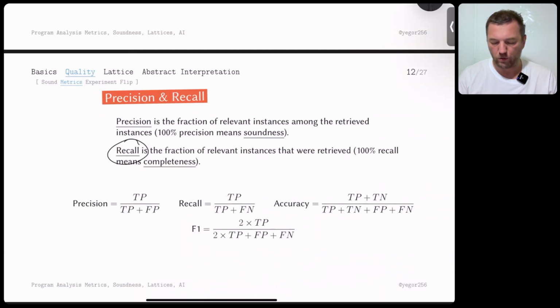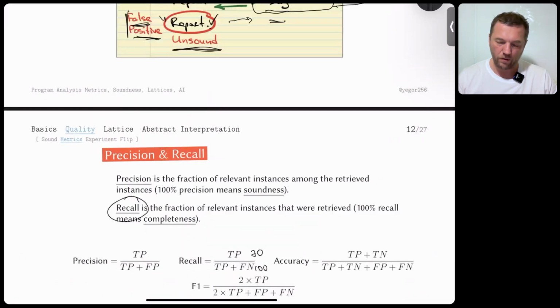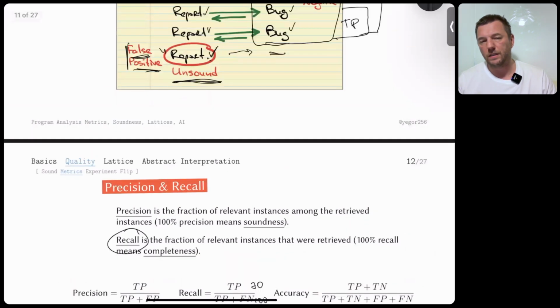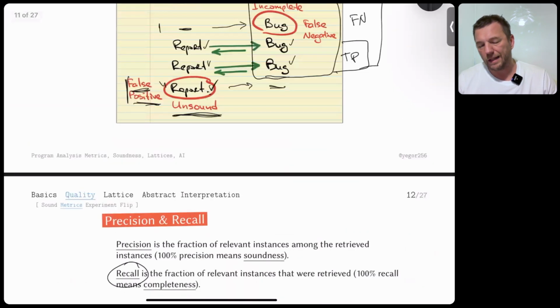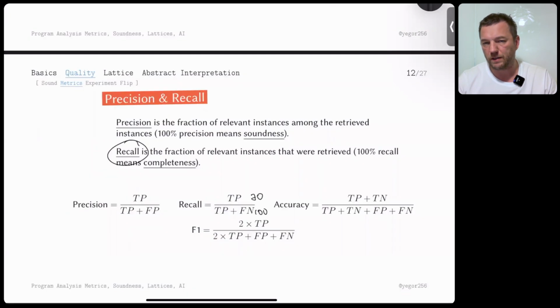The total amount of answers was 100, and out of them 70 were true, and 30 of them were false negative. So it means that the analyzer is complete only for 70%, the recall is only 70%. So 100% recall means completeness, means that the analyzer is complete. We will now play with these numbers, and you will see how they fit together.